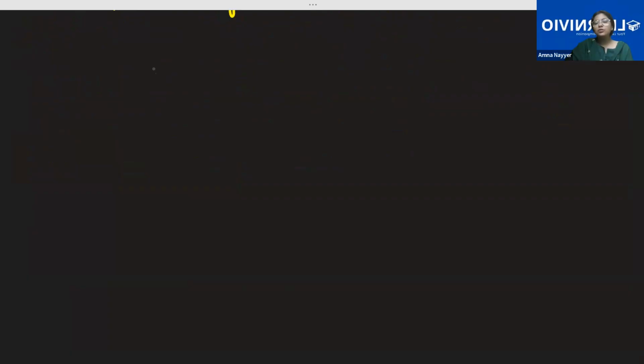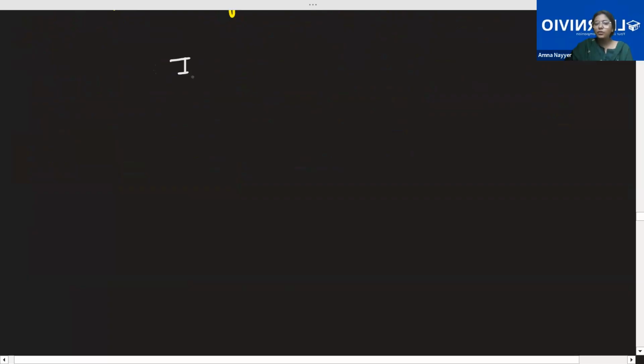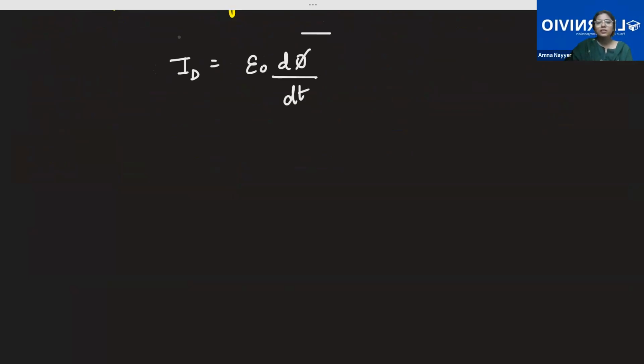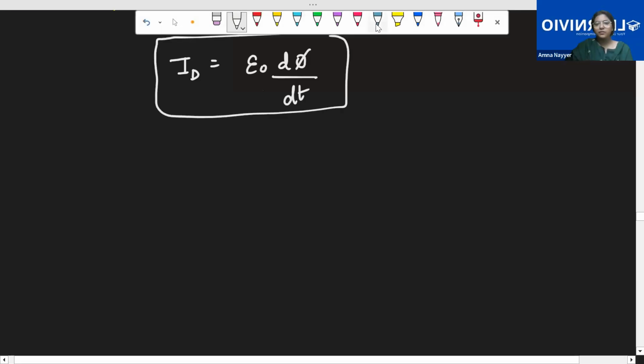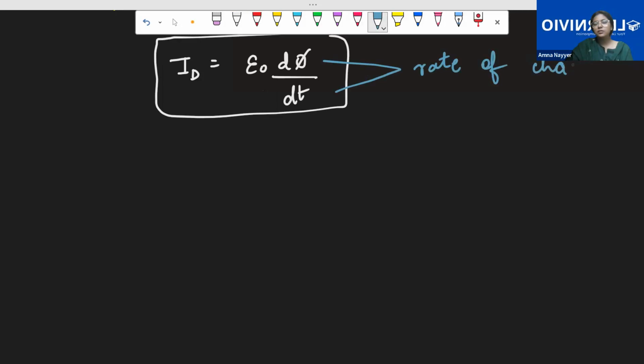See, when we write the Maxwell's current, the displacement current has the formula epsilon naught d phi over dt. Now you know what d phi over dt is. That's the rate of change of flux, and this is the permittivity.